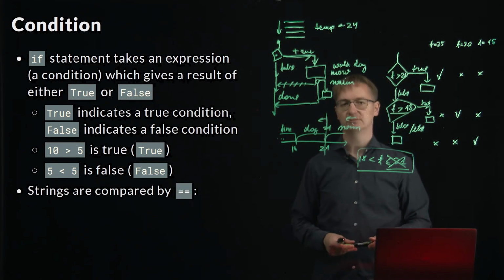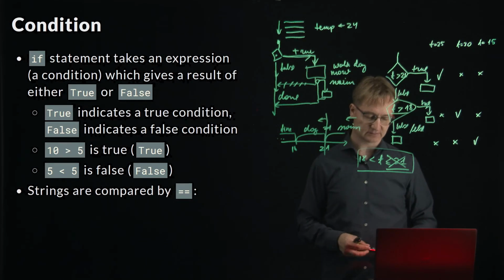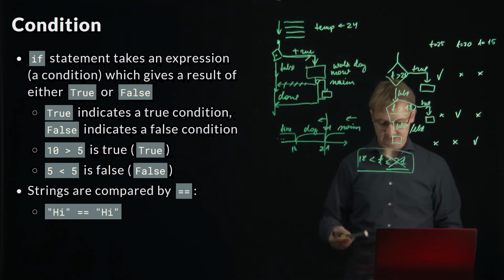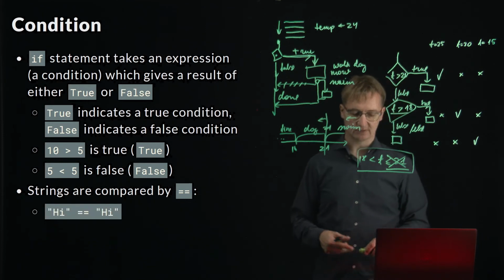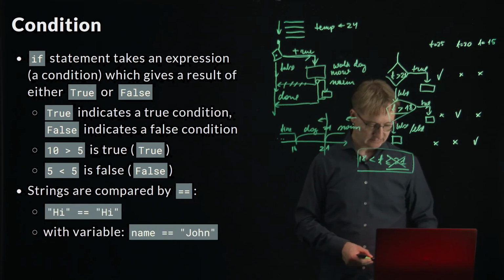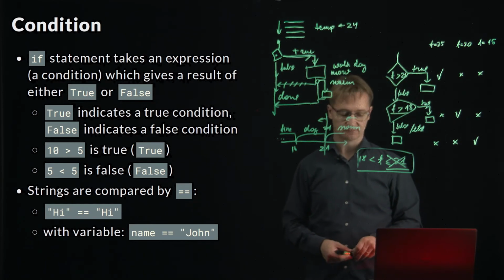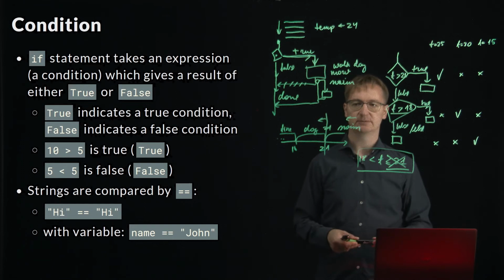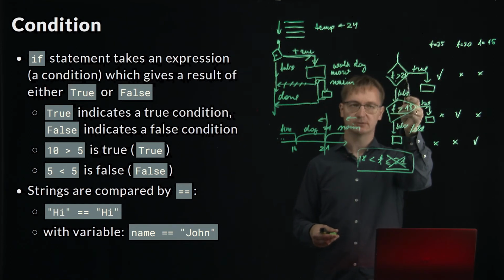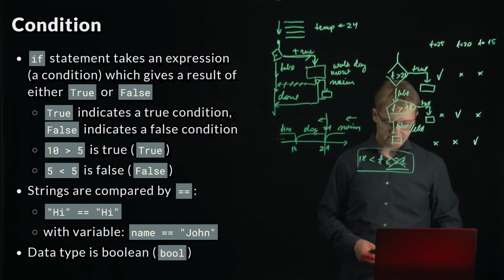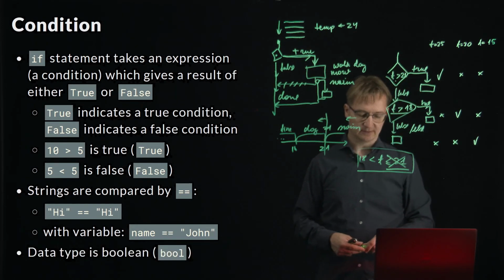Strings and also numeric values are compared with two equal signs. So, for example, whether high is high. And we can use variables here also. So, for example, whether name is John, or what we did here, whether the temperature is above something or less or equal, and so on. The data type is Boolean.